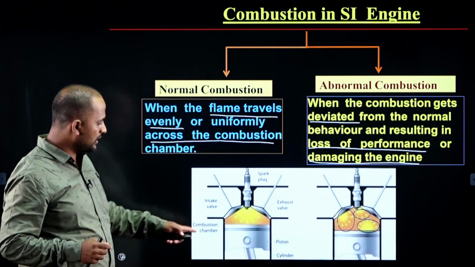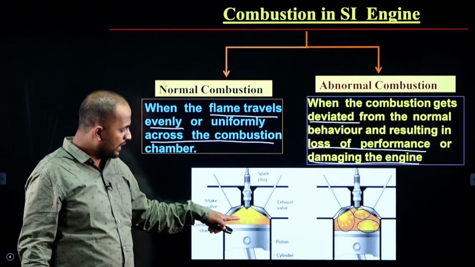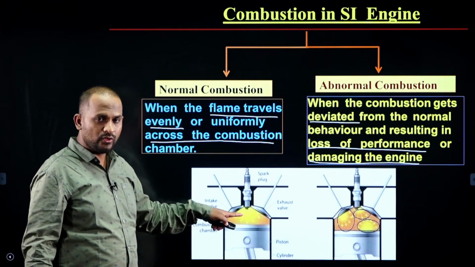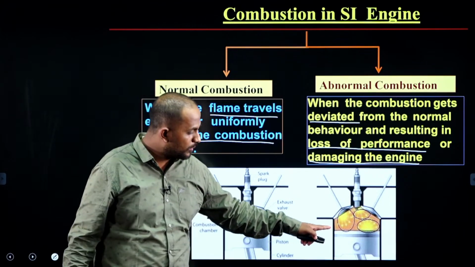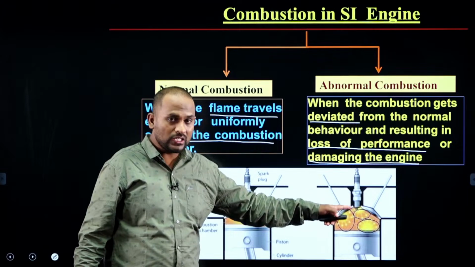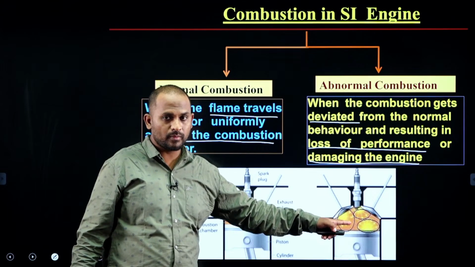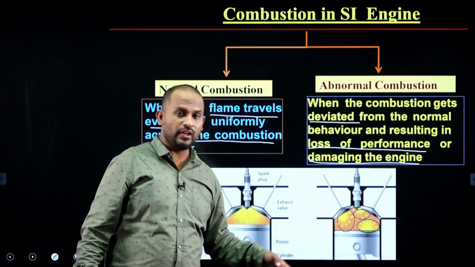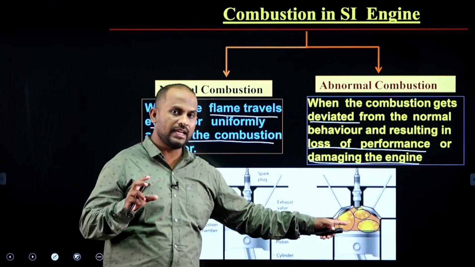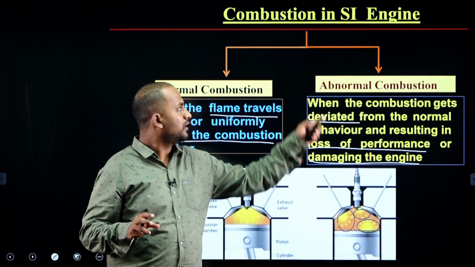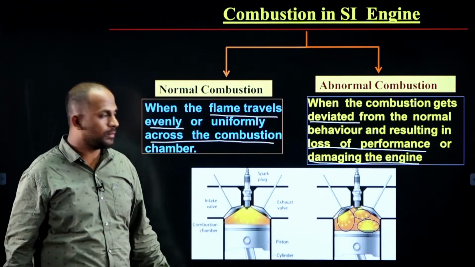Let us see this picture. You can see the flame traveling evenly and uniformly in all directions in the combustion chamber, whereas in abnormal combustion, along with the normal combustion, there are multiple flames created in the circled area. These multiple flames cause knocking, which is called abnormal combustion.